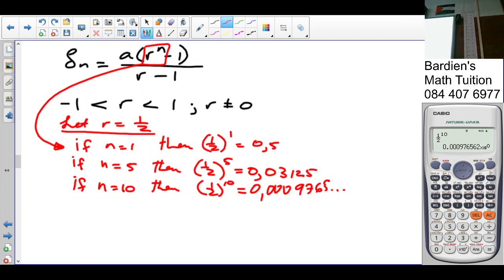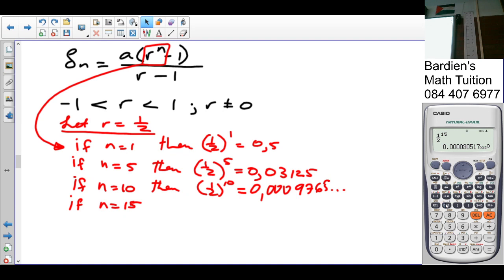What will happen if n is equal to 15? So as you can see, there were 3 zeros before the number actually started. So if you're going to go 15, a half to the 15, shift engineering.